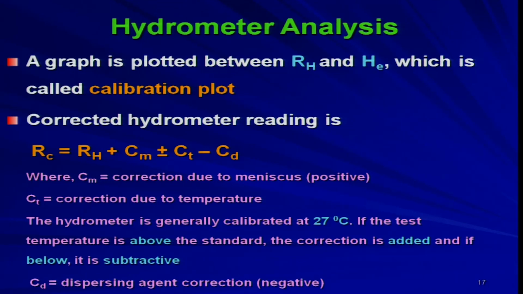If the test temperature is above the standard, the correction is added, and if below, it is subtracted. That is why the plus minus sign comes into the picture. Then Cd is the dispersing agent correction, which is always negative. The dispersing agent is generally mixed in the soil water mixture so that flocculation does not occur.